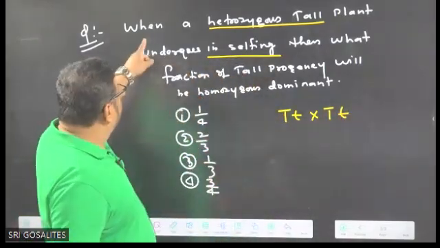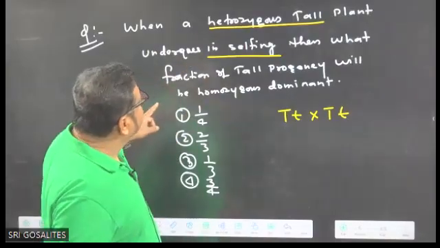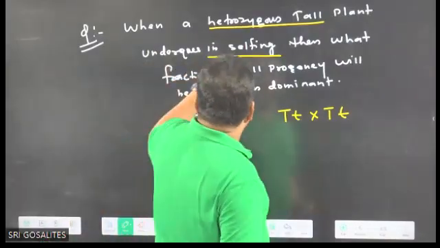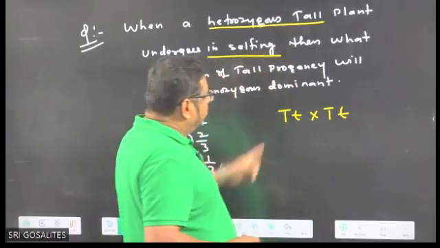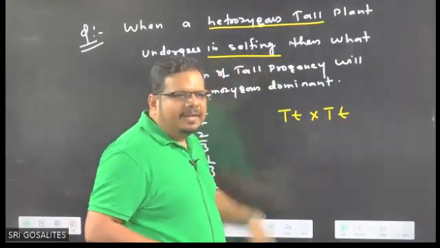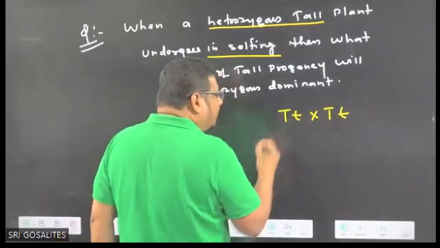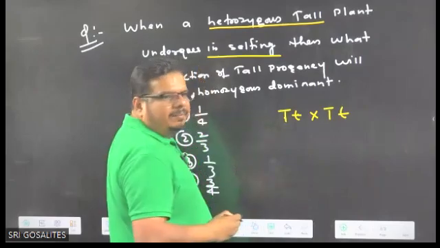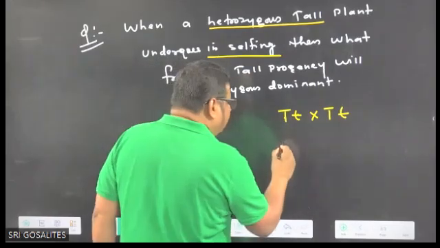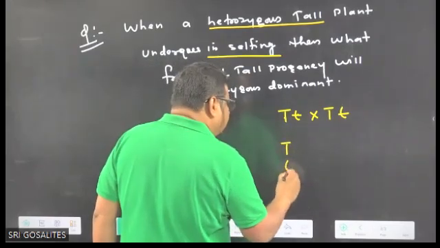So when a heterozygous tall plant undergoes selfing, getting the idea? Now do the selfing. How many types of gamete will come? Two types: one capital T, another small t.